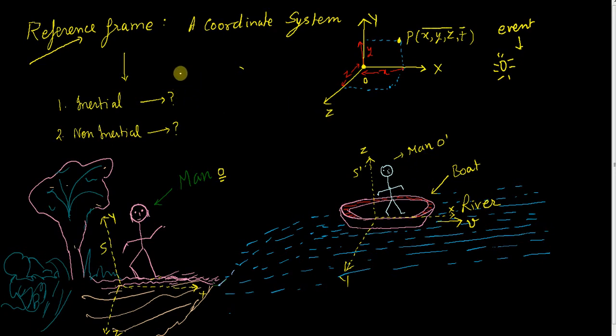Simply define that inertial frames are those frames which are either at rest or have a constant velocity.